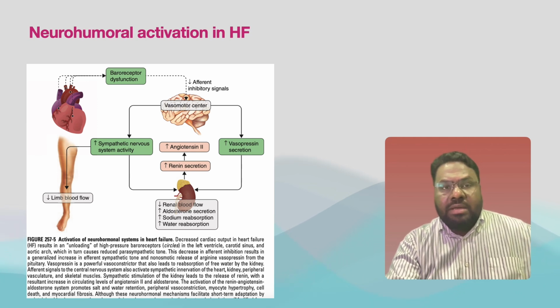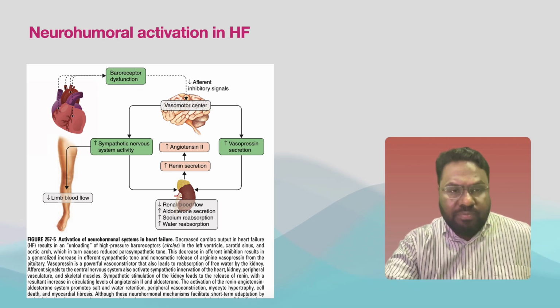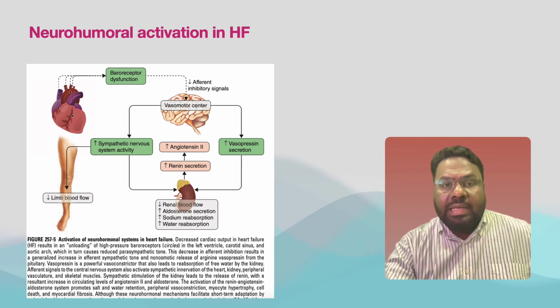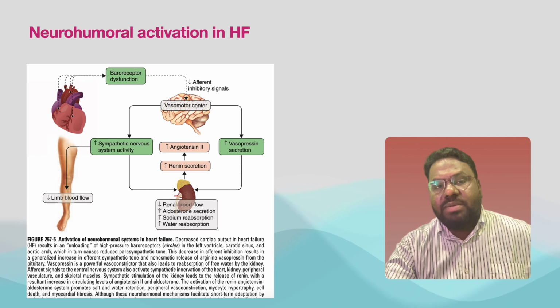So here if you see, increased sympathetic activity or increased vasopressin response will result in decreased renal blood flow, increased aldosterone, hyperaldosteronemia, then increased sodium reabsorption and water reabsorption. Sodium water reabsorption occurs as a result of hyperaldosteronism.